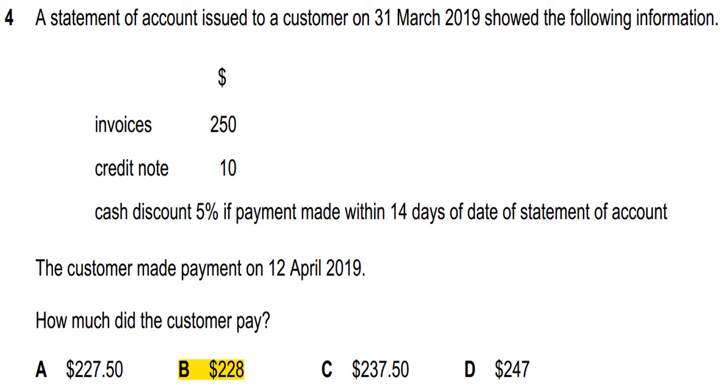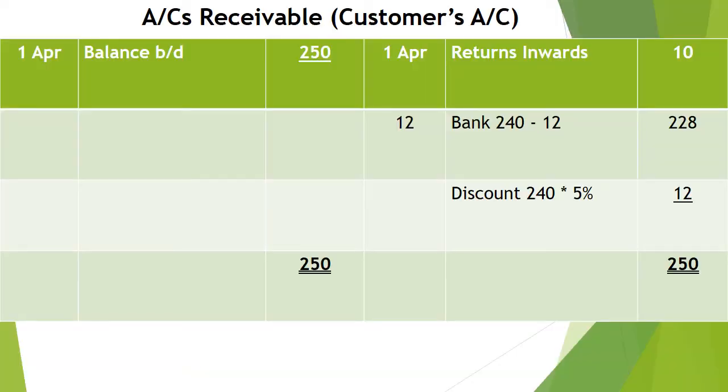How will we calculate this? And this is the working of this question. We have the customer's account. On 1st April the opening balance of the customer was 250, that is the asset of the supplier. And the return inwards, that is sales return, was $10, and the customer has made payment on 12th April.